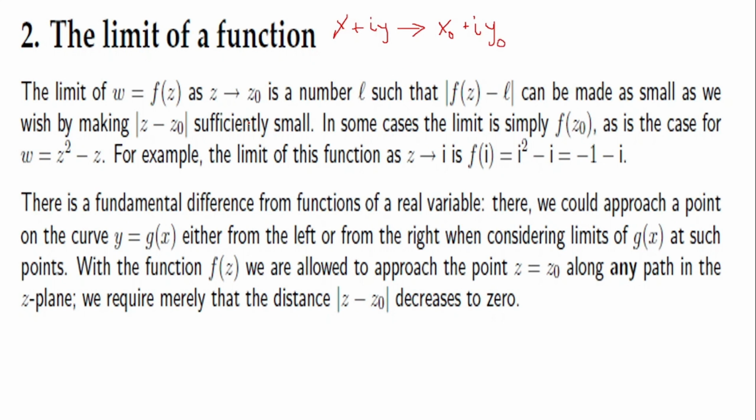That is just what we're saying. Then we say as z goes to z naught is a number L such that this parameter can be made as small as we wish to make it.